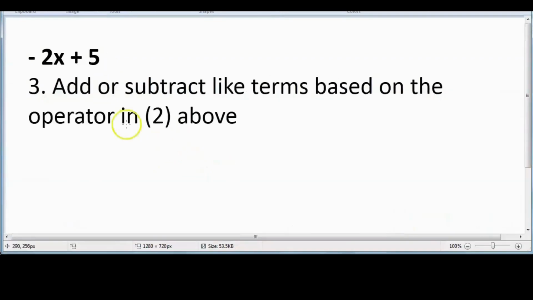Next, add or subtract like terms based on the operator in 2 above. Now we are going to subtract, because from the rule above we got a subtraction operation. We are going to carry out a subtraction operation on 2x and 5x. So when we subtract, we are going to have 3x.